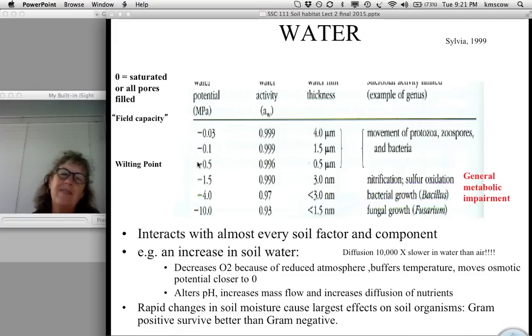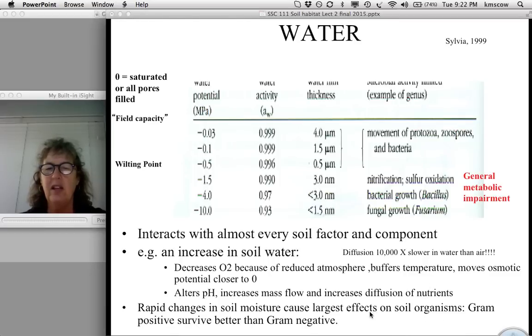So the numbers don't matter as much as just these general relationships. Okay, and then what's probably most significant in soil are wet-dry cycles, when the soil goes from being very dry to suddenly there being a rainfall event and the soil is flooded with water all of a sudden, and you get big shifts, some of them osmotic shifts.